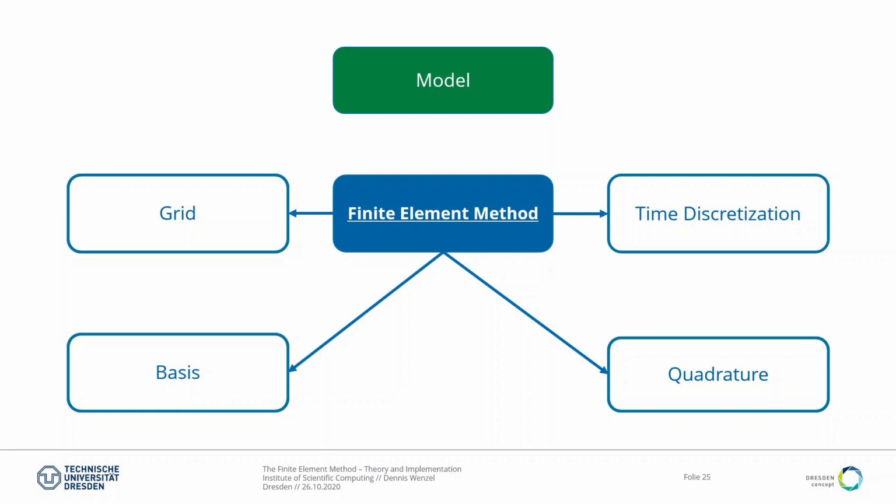Quadrature is a term for numerical integration, because we will see in the course of this semester that for finite element methods to be implemented, integrals occur naturally. And of course, if you have an integral and you can't solve it explicitly, you have to do numerical integration schemes. So that's where quadrature comes into play.